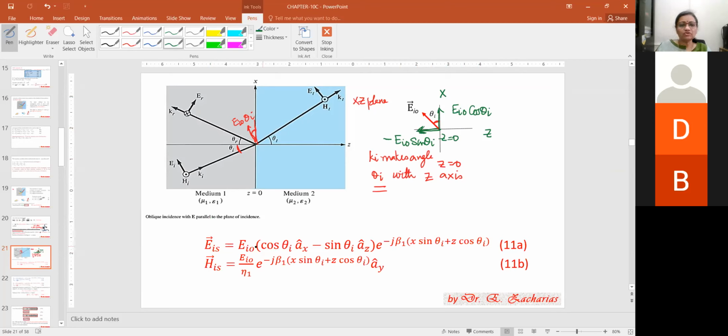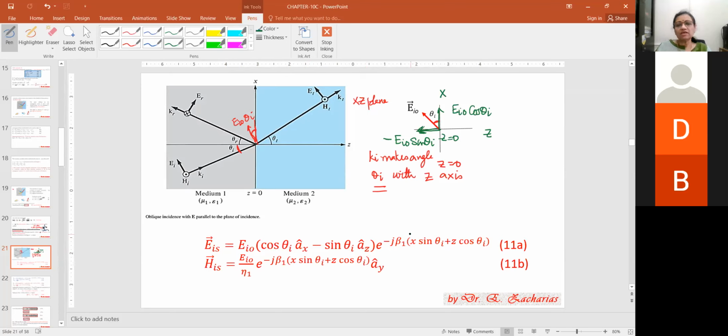Now you will write your Ei naught as the magnitude, and then the rest of it. So you'll be writing Ei naught, cos theta i ax minus sin theta i az. Clear to you?